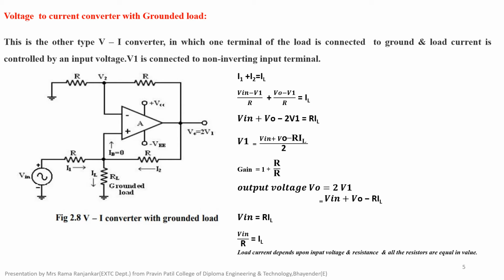By taking RF and R1 equal to R, we obtain the output voltage VO equal to 2 into Vin. So 2 gets cancelled and finally we obtain IL equal to Vin by R, and hence the voltage is converted into current.